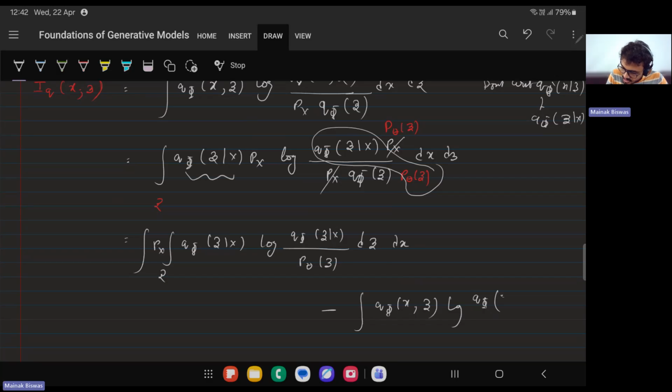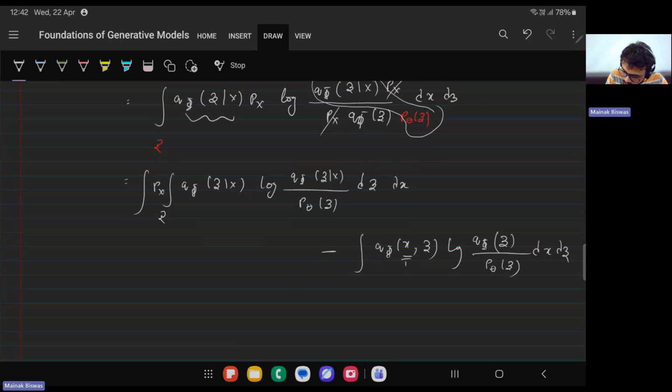This is really just rearranging the algebra. As soon as I do this, I marginalize x out. This is x and z, marginalize. The second term becomes very simple: q phi of z log q phi of z over p theta of z dx dz.